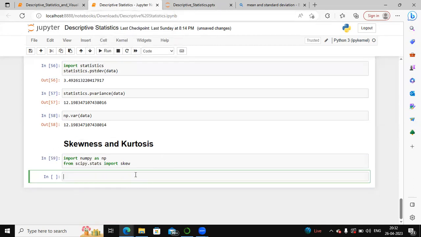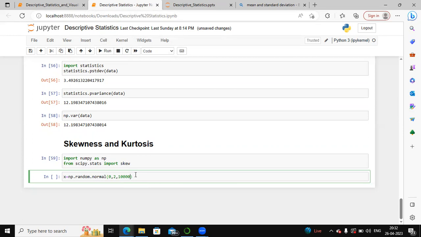We have imported. So now let's take random values which form a normal distribution. Let's take values with 10,000 samples.